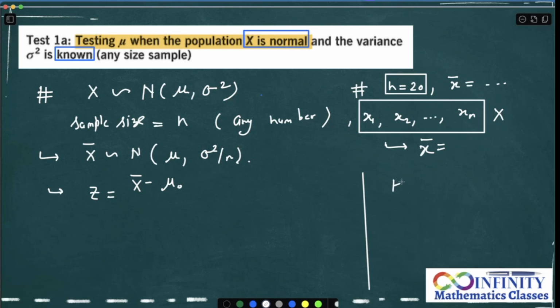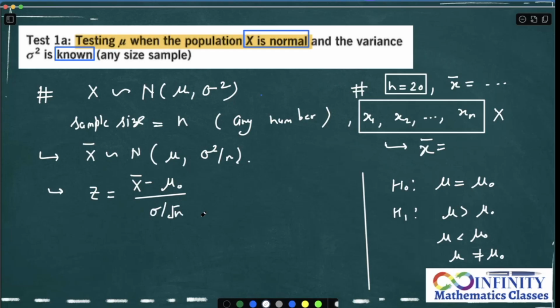Let me tell you, H naught was mu equals mu naught, and H1 was mu bigger than mu naught, mu less than mu naught, and mu not equal to mu naught. These are the three possibilities. This x bar will be either given to you or the sample will be given to you. You will find this. And you divide by this number sigma over square root of n, like we did. You calculate this number.